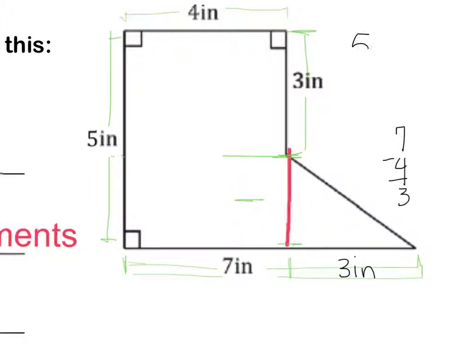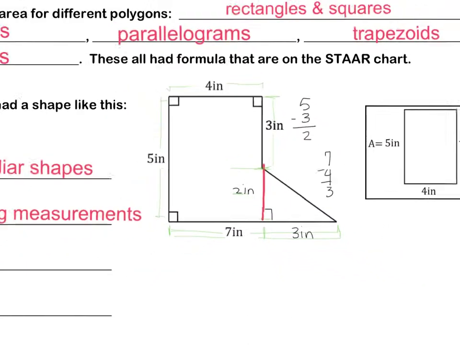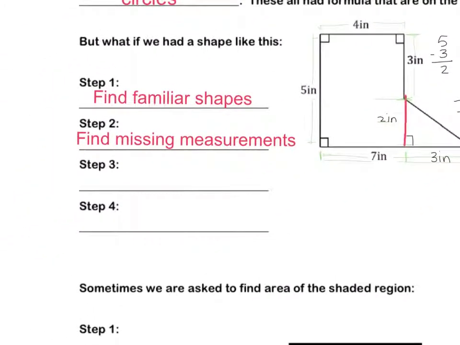If I subtract 3 from 5, my total length minus that side, I get 2 inches, which is what that side is made up of. So because I'm able to use deductive reasoning from the information they're giving me, I have now found my base and my height of that triangle, and so now I will be able to solve for the area of each shape, which is step 3.